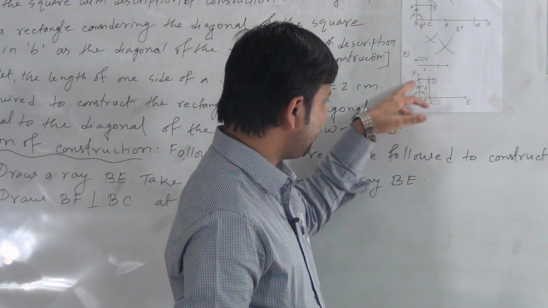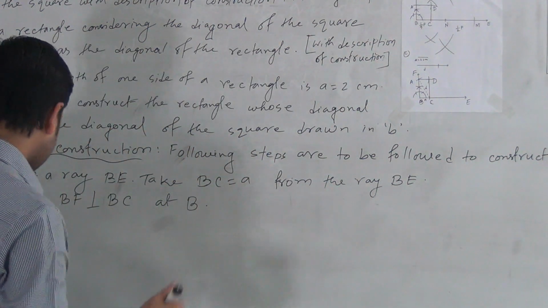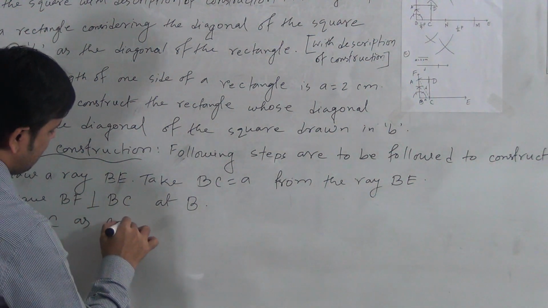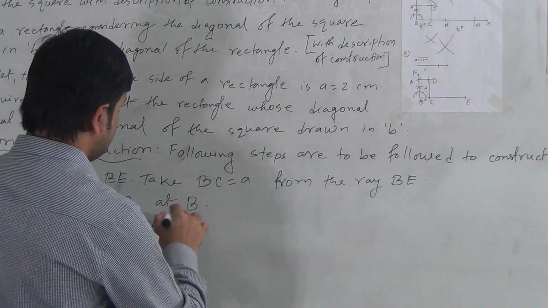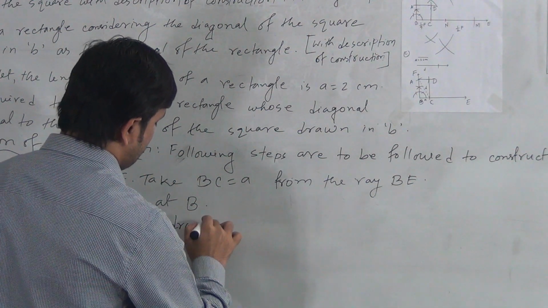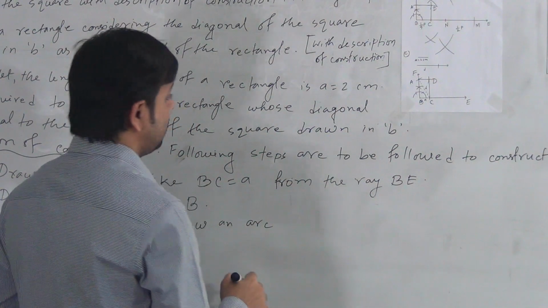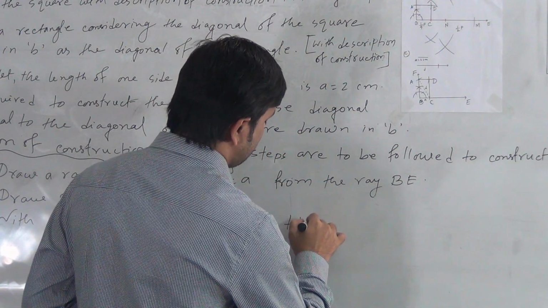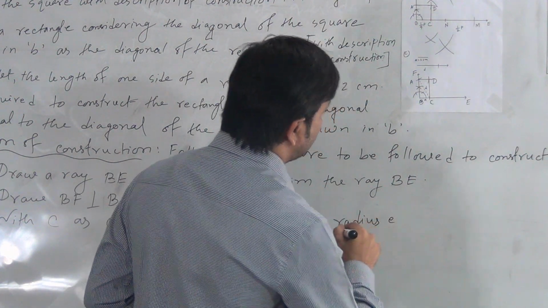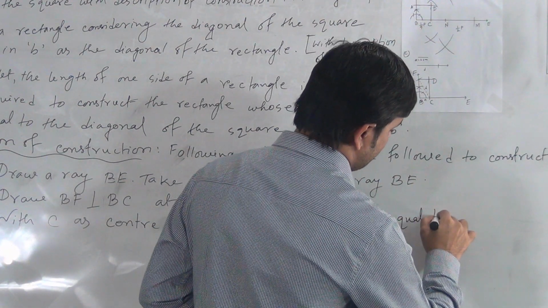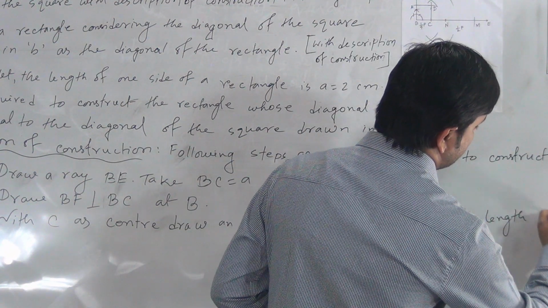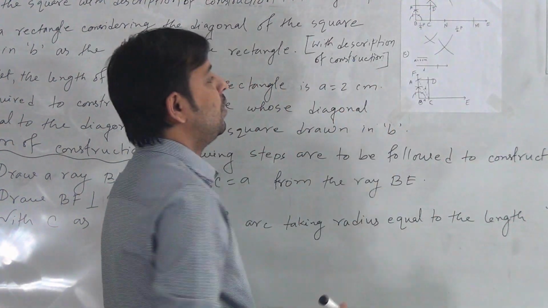This arc intersects BF at A. So I can say now: with C as center, draw an arc taking radius equal to the length D. Which length is given here?